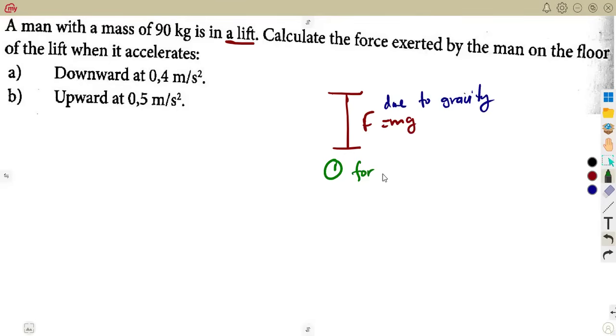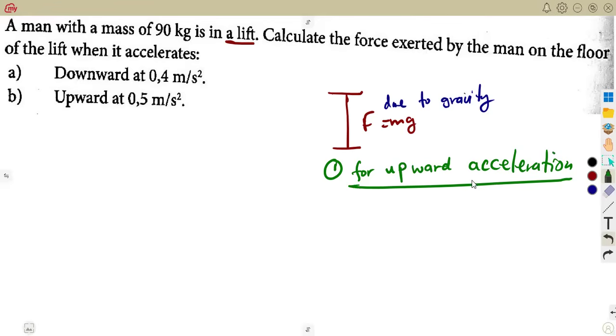So we've got a condition for upward acceleration, where you are given a certain acceleration that you're going with up. So in that case, guys, you're going up. That is the case for upward acceleration.